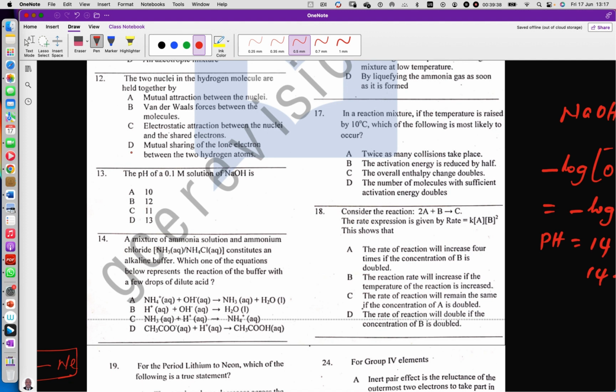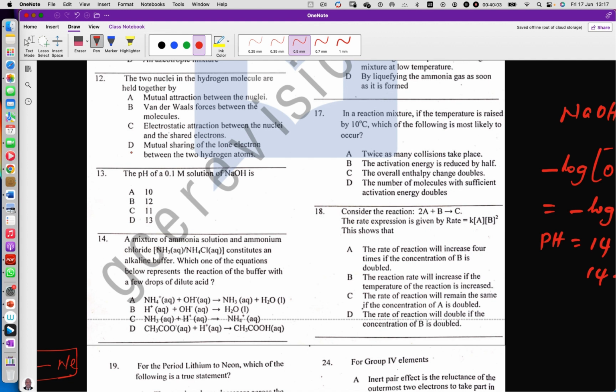The two nuclei in a hydrogen molecule are held together by A, a mutual attraction between the nuclei. There's no mutual attraction between the nuclei; all the nuclei are positively charged. B, van der Waals forces between the molecules.